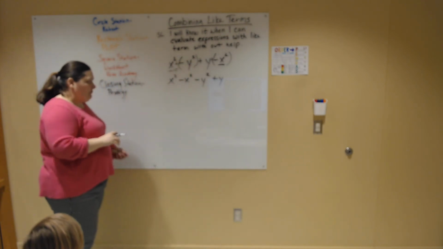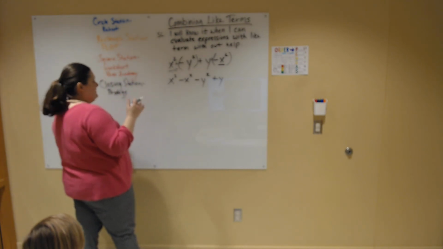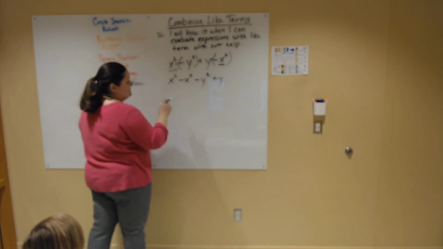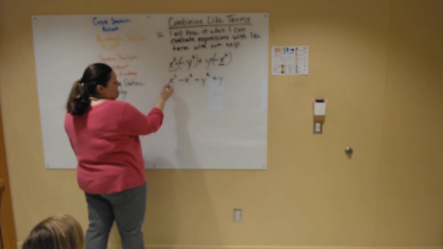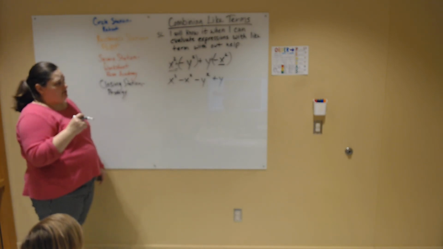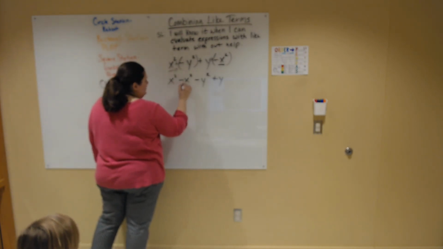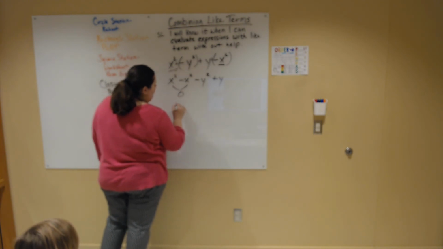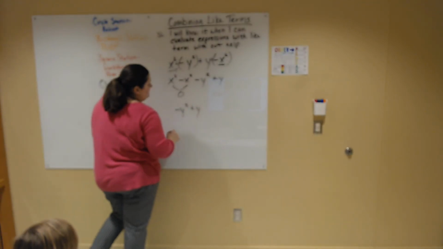Which we'll probably talk about a little bit later on down the line. But anytime you have that, you can do that, which makes it easier to move things around. We just need to know that if it's in front of it, it's going to be negative. So that's essentially 1 minus 1. And then what is 1 minus 1? 0. Okay, so this essentially becomes nothing. So then our expression actually becomes y squared plus y.